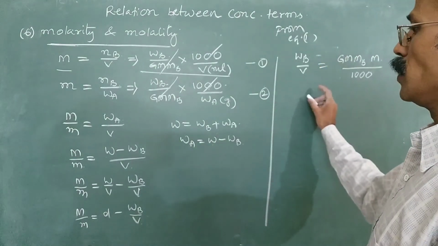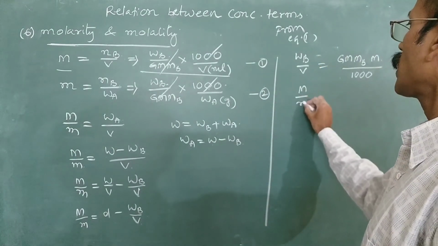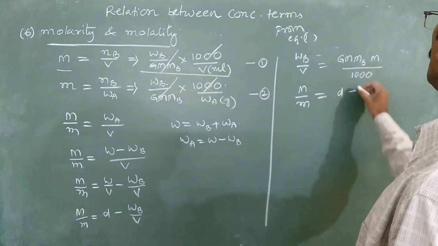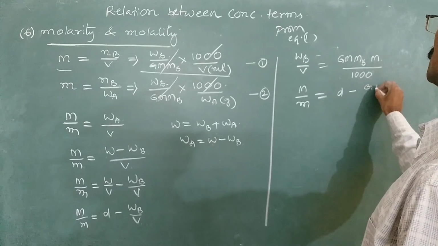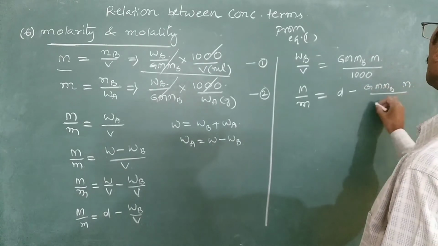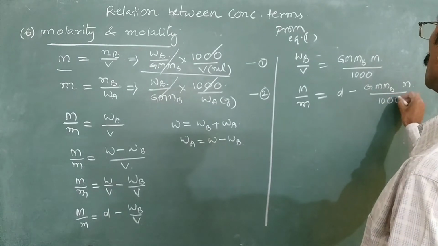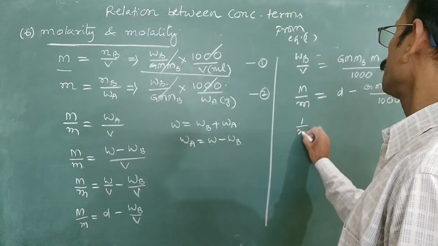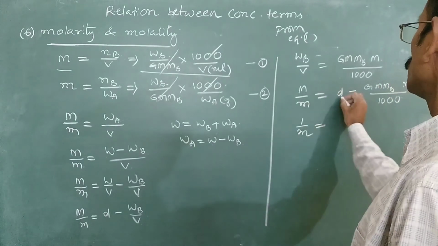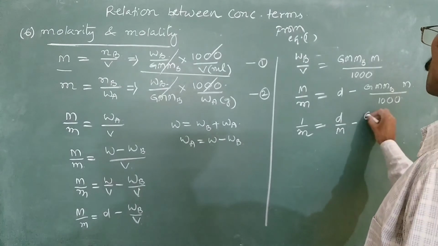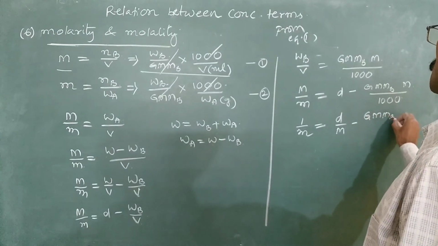Okay, so now molarity by molality is equal to density minus gram molar mass of solute into molarity by 1000. Okay, or 1 by m is equal to what? 1 by molality is equal to d by M minus gram molar mass of solute.